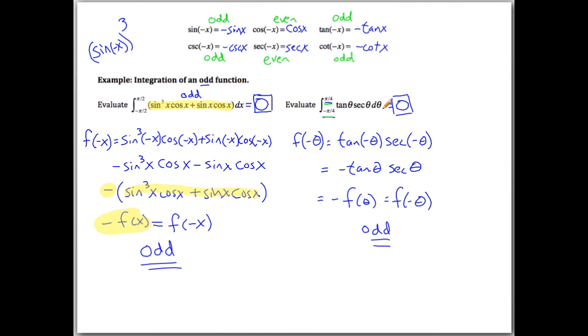And we know tan of negative theta is just going to be negative tan, and then secant of negative theta is going to be just secant. So we get negative tan theta secant theta, which is negative f of theta. And so because f of negative theta equals negative f of theta, this is an odd function, making this integral equal to 0.